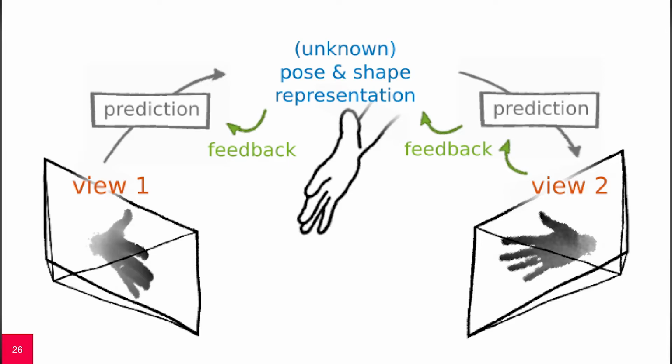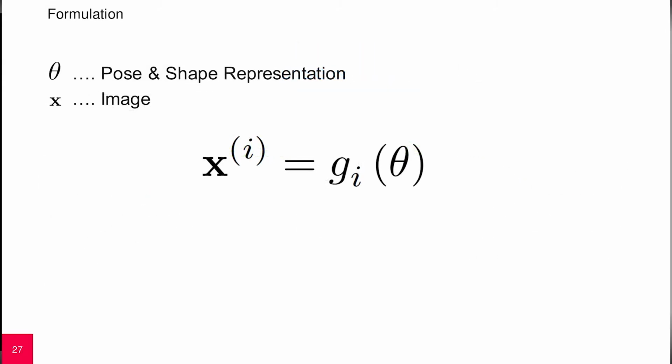So the idea is if we predicted, using the first model, a reasonable pose and shape representation, then we can predict from this representation any other known view. The pose is predictive for the appearance of the hand from any view. So if you know the pose, you can imagine how the hand would look from any known viewpoint.